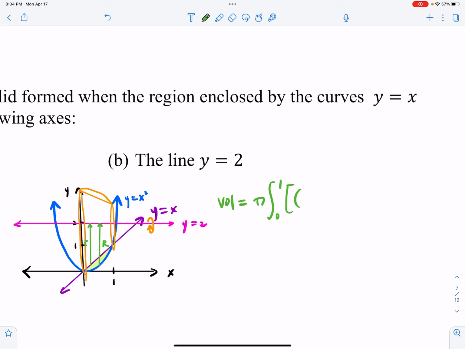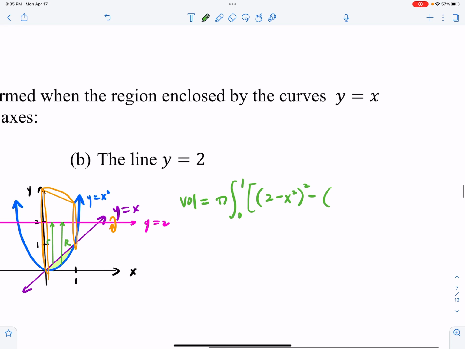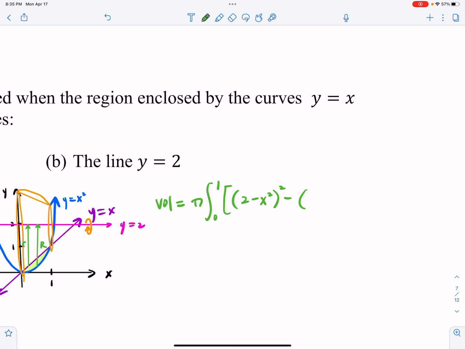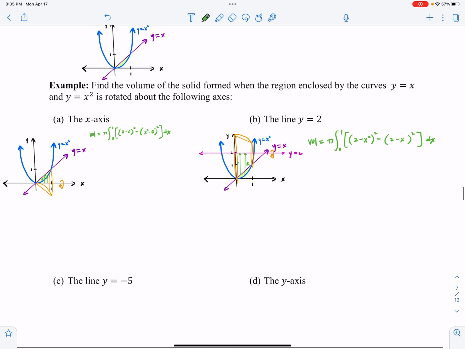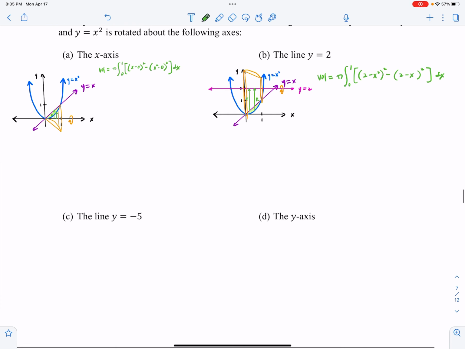Big R will be top minus bottom, 2 minus x squared, right? Big R squared minus little r squared. Little r will be top minus bottom, so 2 minus x squared, dx. And you can always pause these and see if you can come up with these integrals on your own.